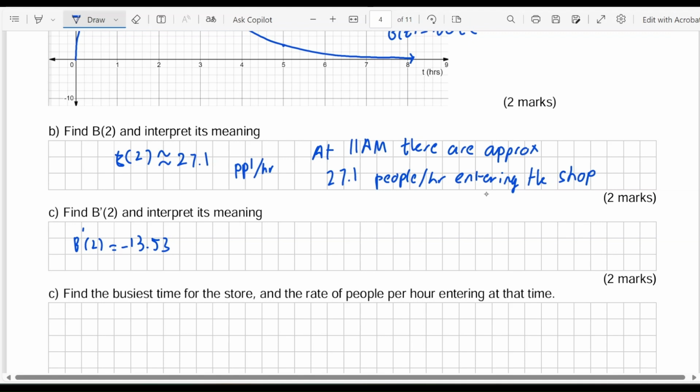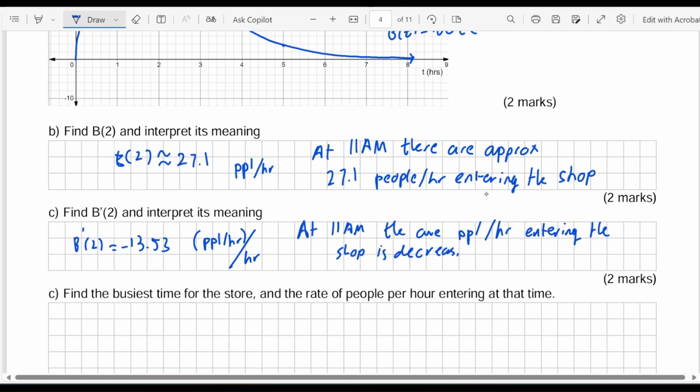Now, this is going to be a really weird unit. People per hour, right? So the speed of people entering is decreasing. It's a very weird unit, but that's the units. So at 11 a.m., the average people per hour entering the shop is decreasing at 13.53 people per hour.